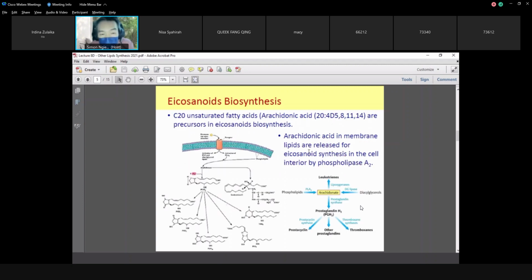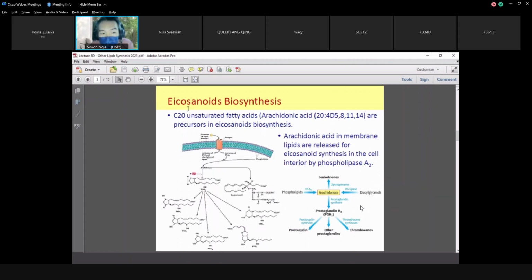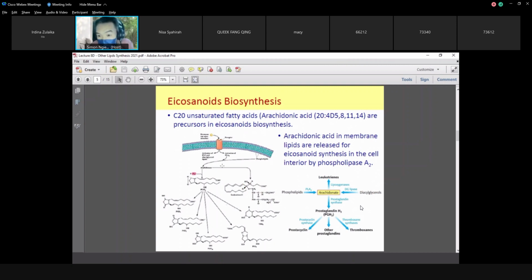Basically, no matter which pathway we take, the starting material for eicosanoids, because all these are eicosanoids, will be your arachidonic acid. These arachidonic acids are taken from the membrane.